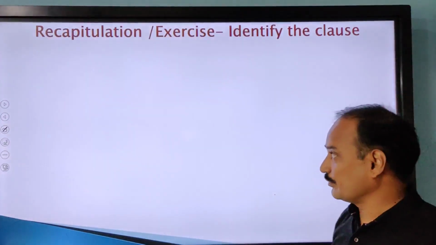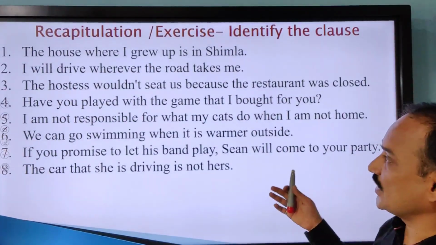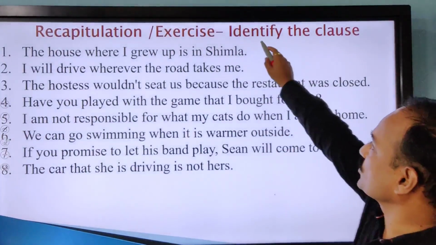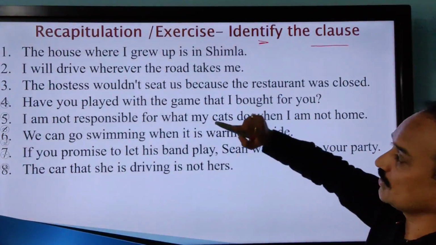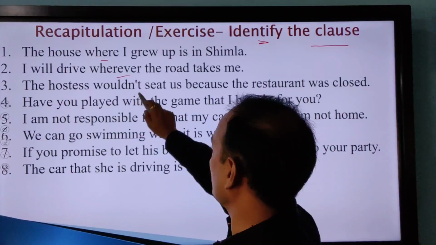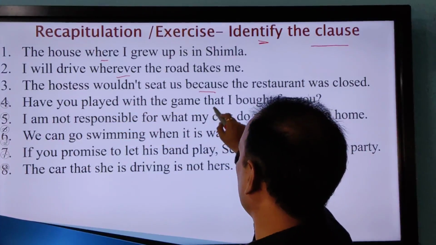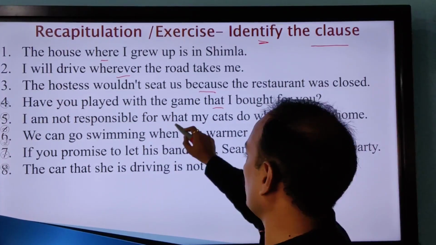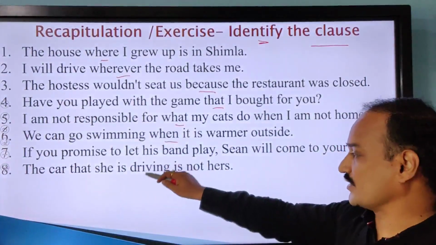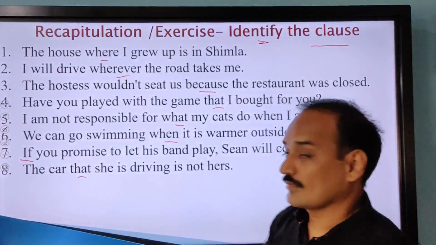Okay, let us move ahead. There are some sentences from different clauses. You should read them, and what you are supposed to do is identify the clause. The house where; whenever; the hostess wouldn't sit us because; have you played with the game that; I am responsible for what; we can go swimming when, if you promise, if the car, that.